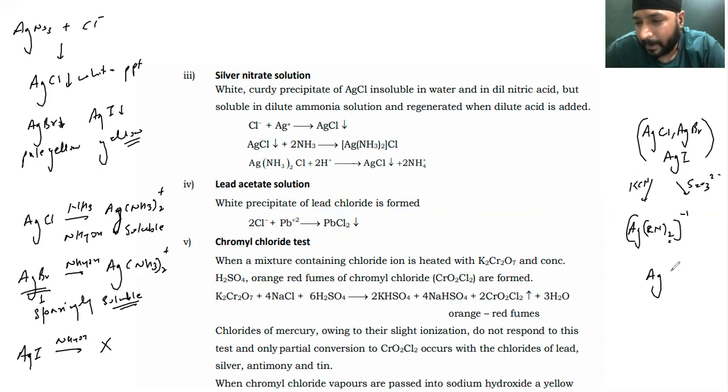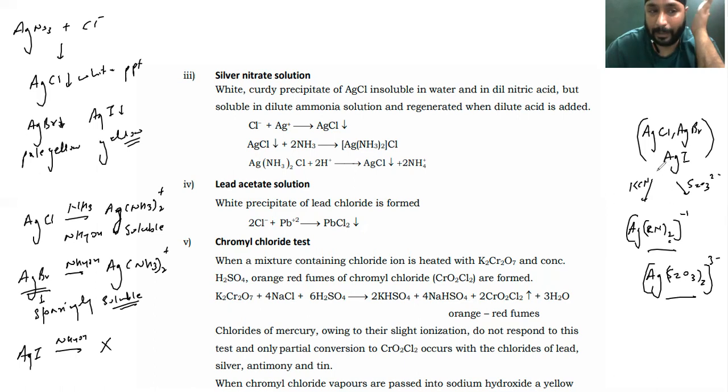Similarly, [Ag(S2O3)2] with overall charge 3 minus. Again, it is soluble. So AgCl, AgBr and AgI are all soluble in KCN and thiosulfate, but their solubility differs only in ammonia solution.